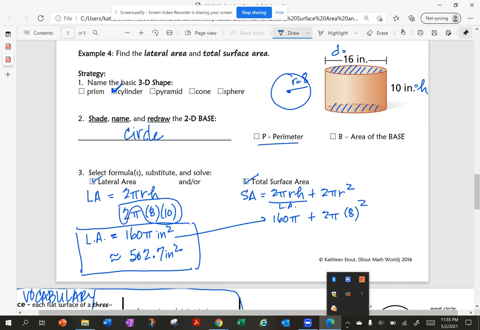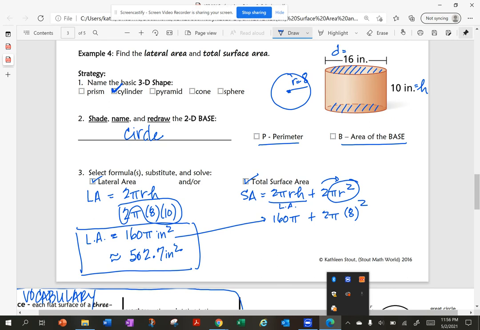I did not need to find the perimeter or area of the base because these are separate formulas, so you don't have to worry about that. There is no perimeter for a circle. It's called circumference. And area of the base is kind of already in here as pi r squared, and I have 2 bases. So this is where 2 times B comes in. So it's really embedded in here.